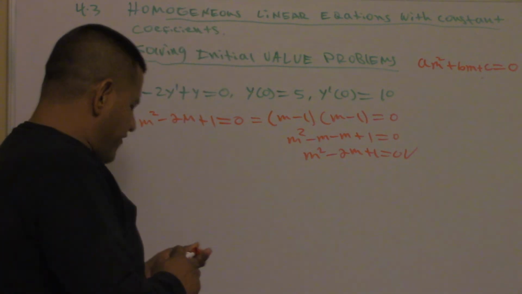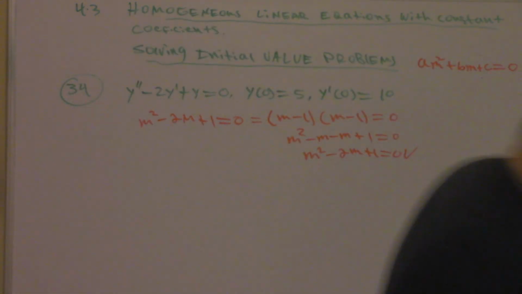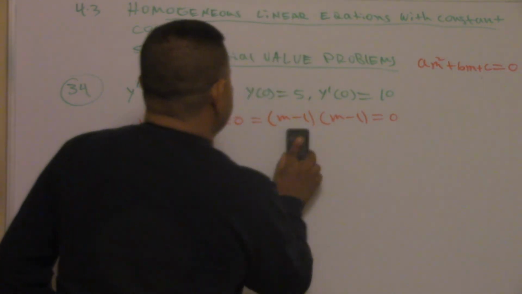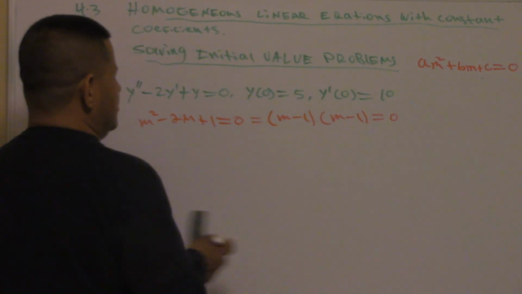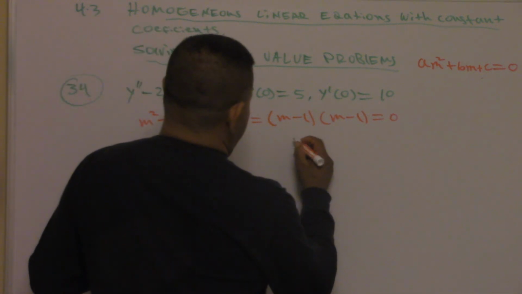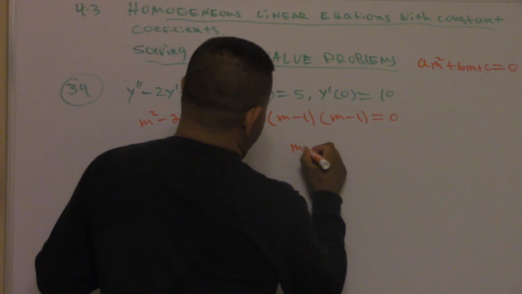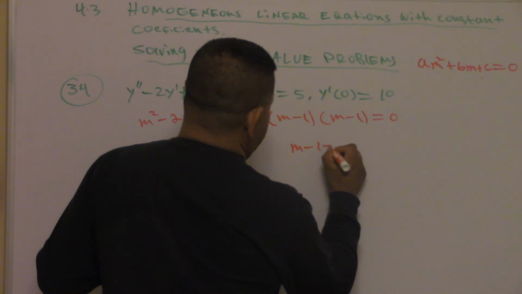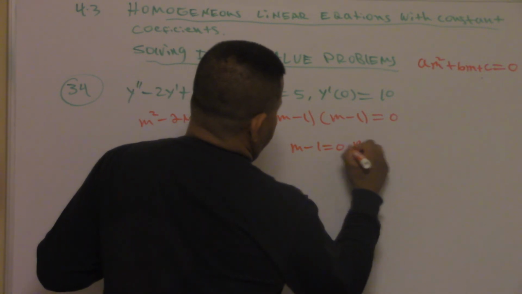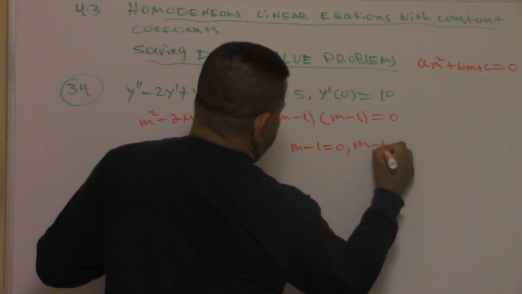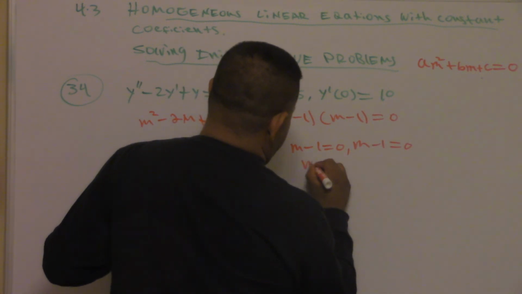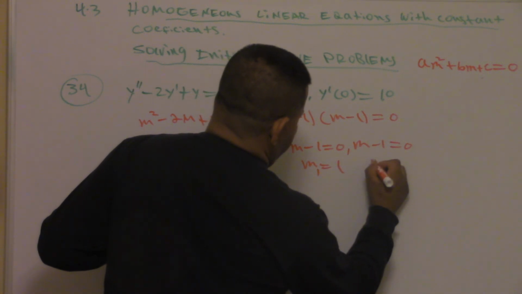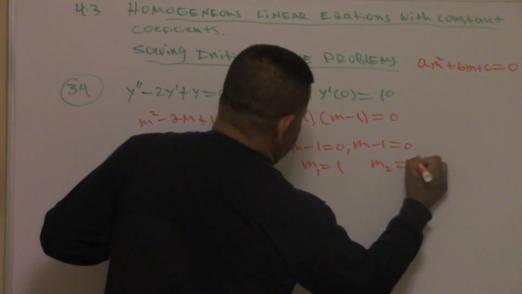Because it's the right factoring, I can find m1 and m2 now. m minus 1 equals 0 and m minus 1 equals 0. So m1 is equal to 1, m2 is equal to 1.